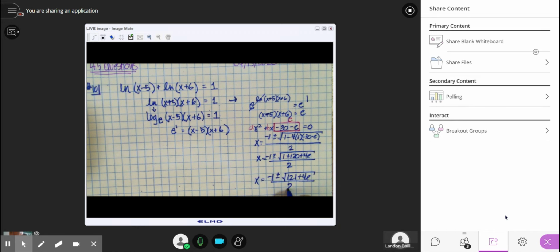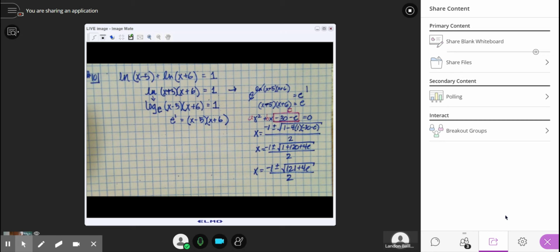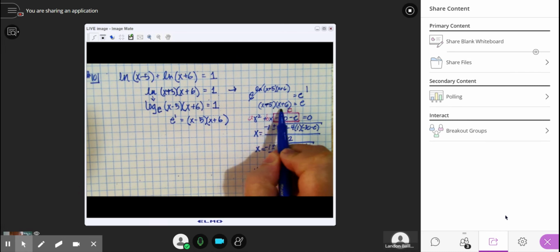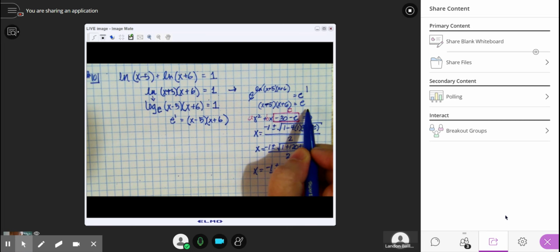I'm sorry, Landon? I'm just using the quadratic formula. X squared, all I did was FOIL this, right? X squared minus 5x plus 6x, that's a 1x, minus 5 times 6 is a -30. And then so I could use the quadratic, I had to subtract e from both sides.